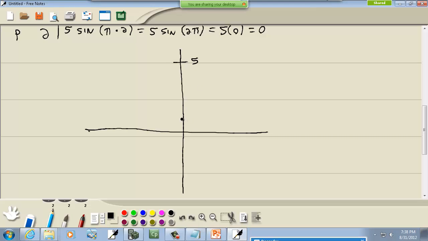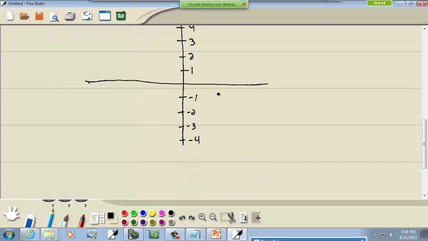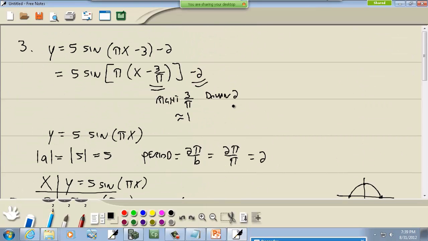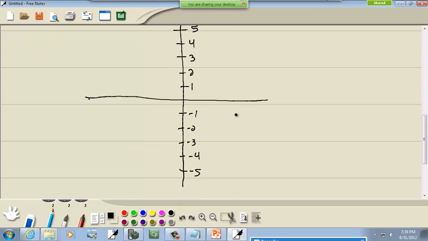So that'd be 5, and then this would be 1, 2, 3, 4, and negative 1, negative 2, negative 3, negative 4, and negative 5. And as we set up above, we're going to shift it down 2, so I definitely need to have it go down to negative 7.